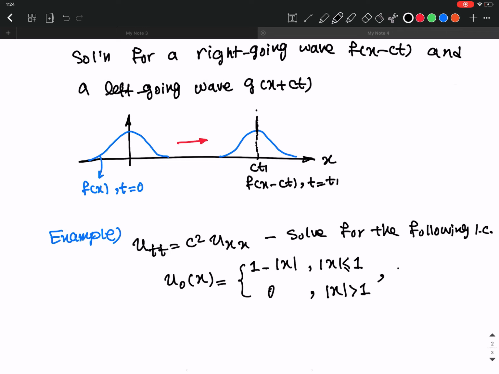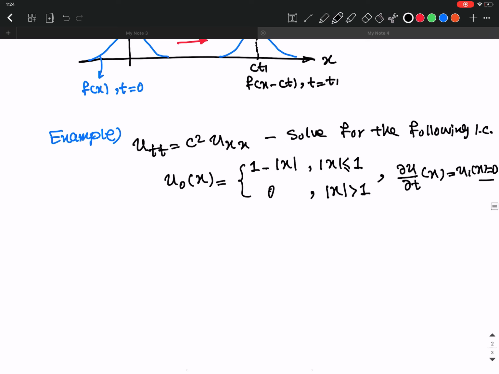And the first derivative of u with respect to time, which is the second initial condition, or u1, is 0. So u1(x) is 0, right?